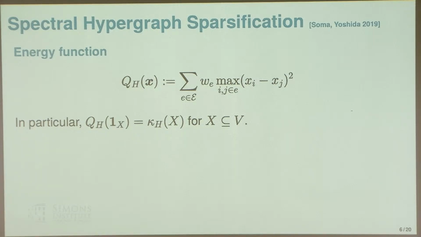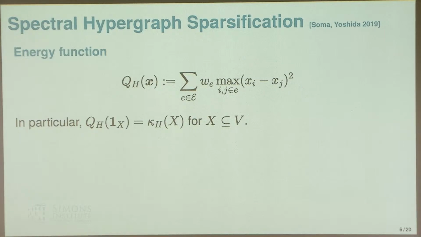And this is the sum over edges of weight times max x_i minus x_j squared. So we take the maximum over nodes i, j in E. If you feed in the characteristic vector of a vertex set X, then if it has non-trivial intersection with edge E, this part becomes 1.